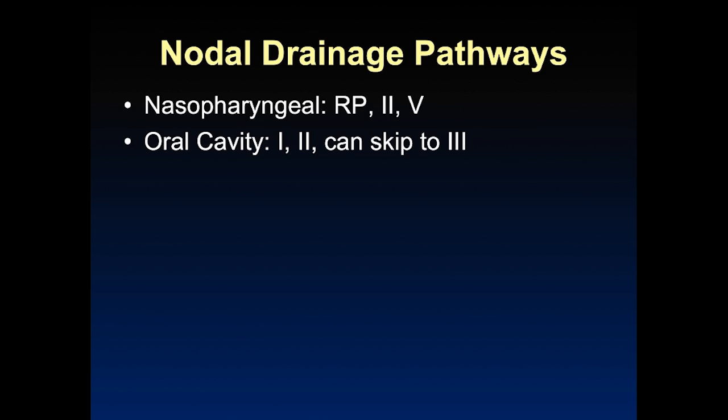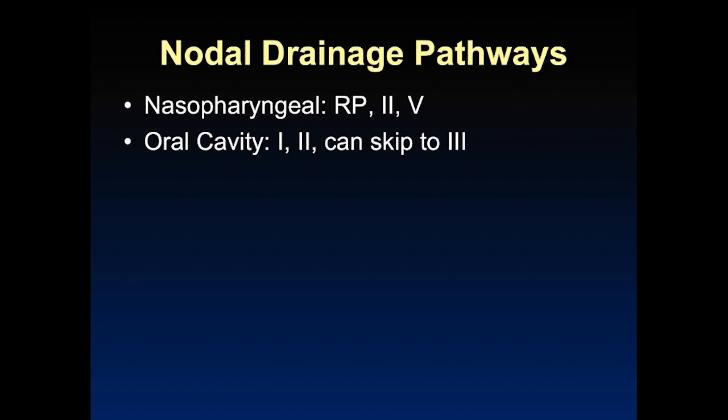We have oral cavity cancers. So these are going to be usually small rounded nodes, and the drainage pathway for the oral cavity starts in the segmental and submandibular, so that's level 1A and 1B nodes, and then moves down the chain to level 2 and level 3 jugular-digastric chain nodes.